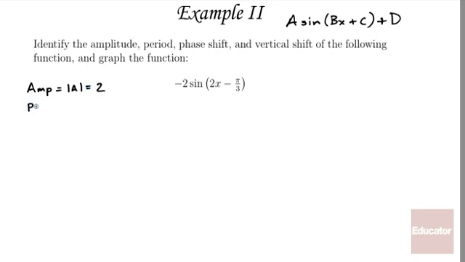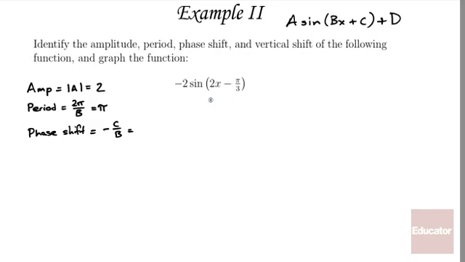The period is 2 pi over the B. The B is 2 here, so that's pi. The phase shift is negative c over b, which is, okay, c is negative pi over 3.